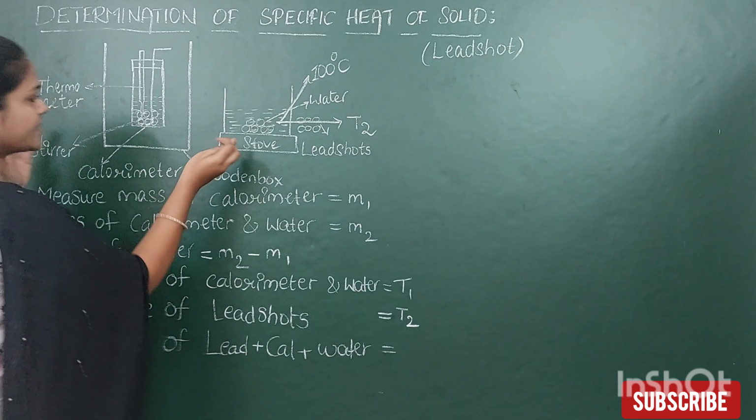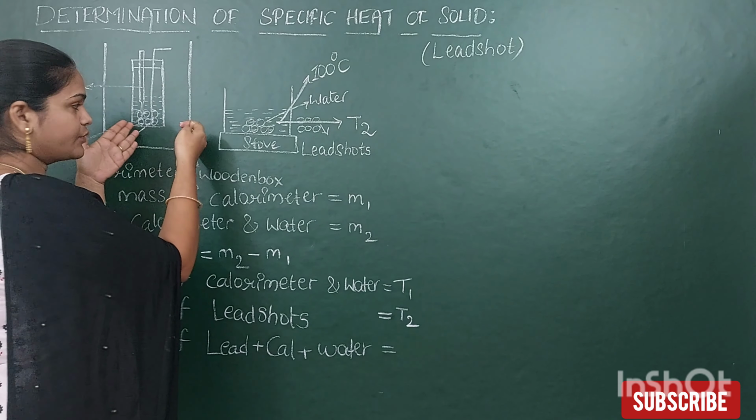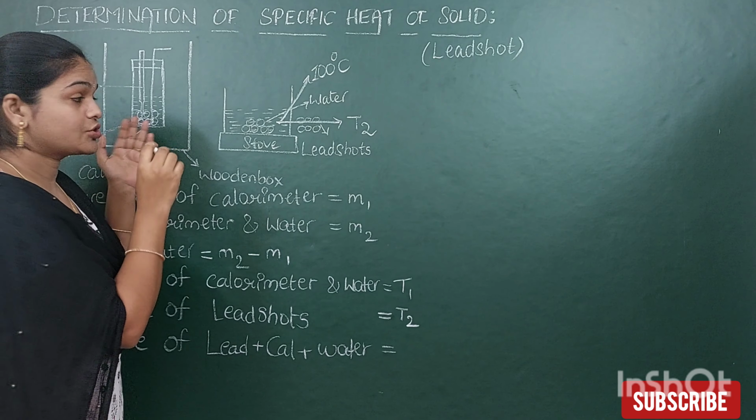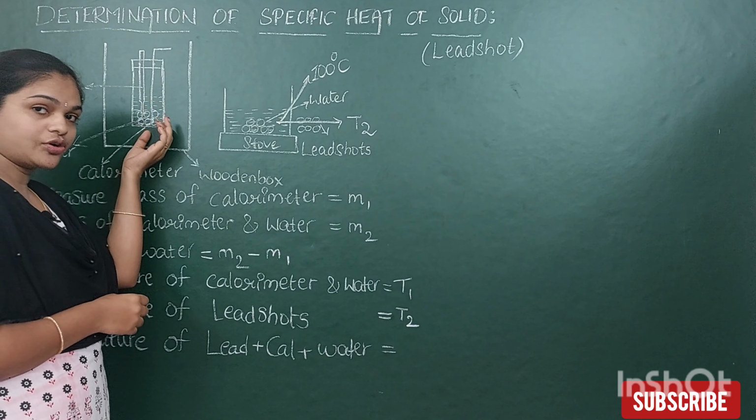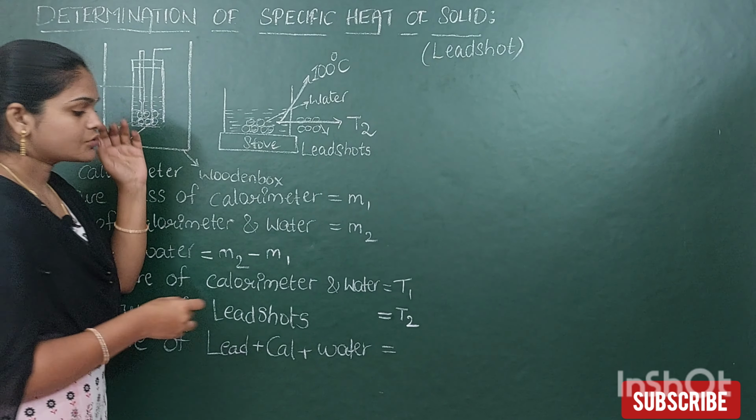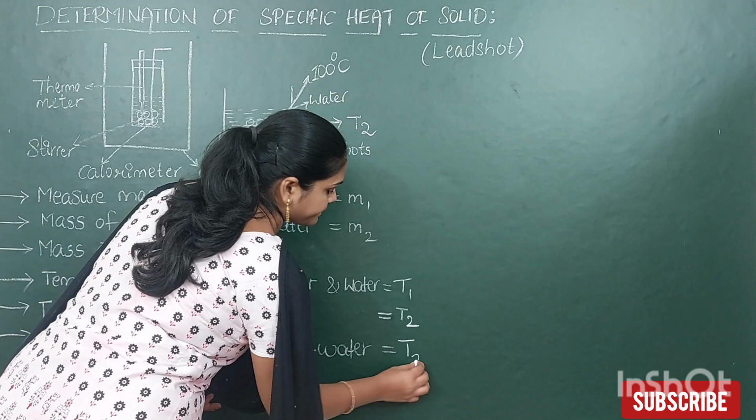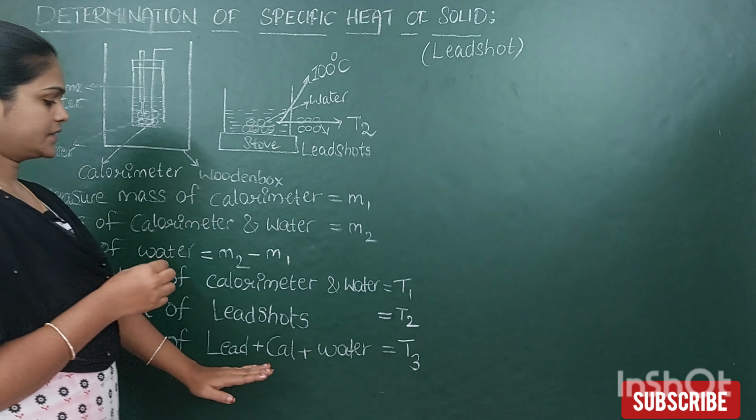When you place the lead shots into the calorimeter, we measure the temperature of the calorimeter, lead shots and water. How much? It is T3.